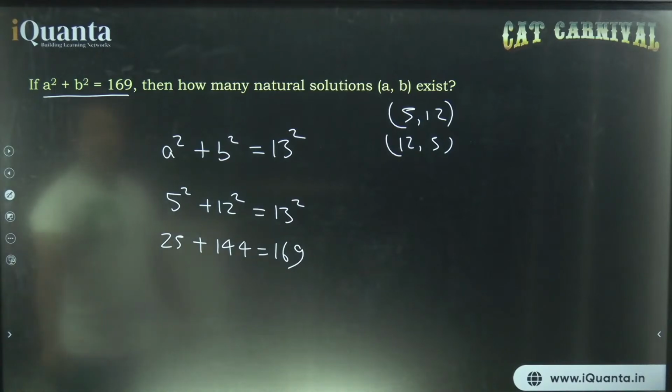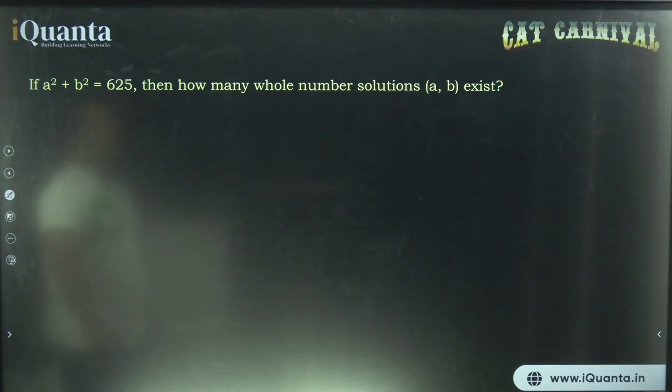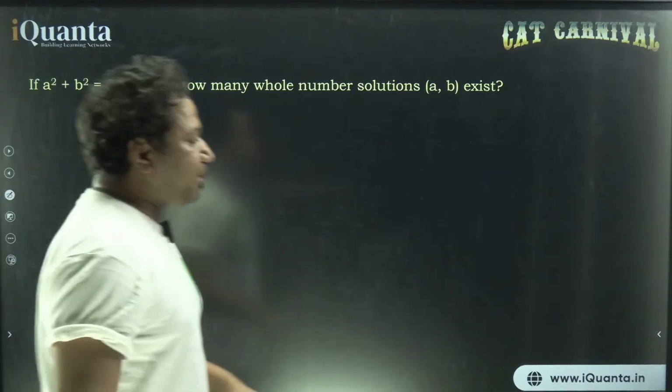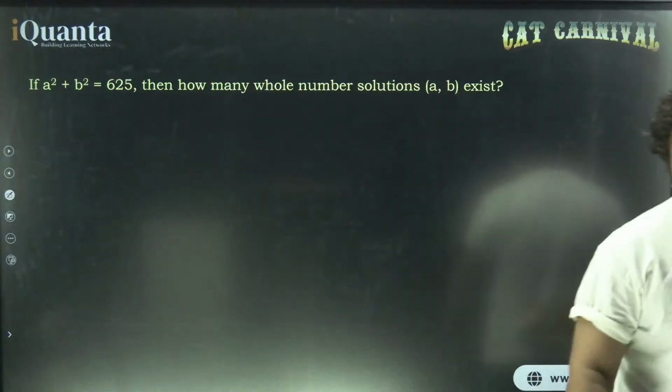Okay, let's do one more. A square plus b square is 625. Then how many whole number solutions a comma b exist? Whole number solutions.